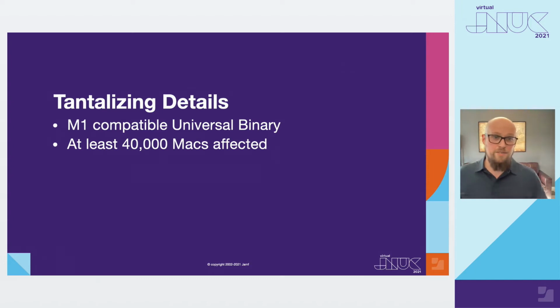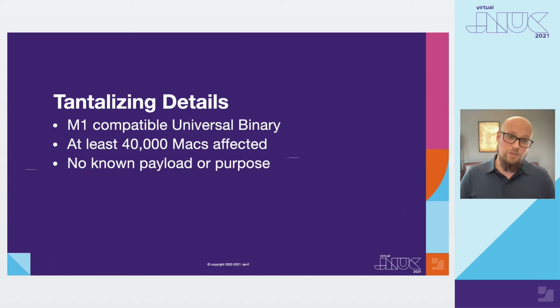It spread incredibly fast, no less than 40,000 Macs in a matter of months, which is very quick. It called back to a command and control server, but had no apparent payload, and the app that was installed was more or less a dud. It didn't do anything, which again, is very strange.